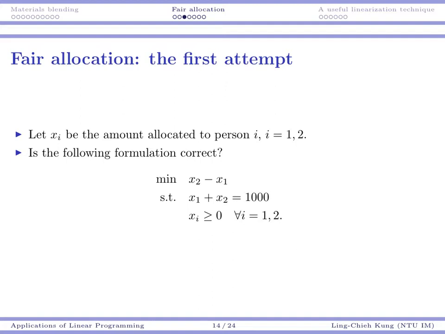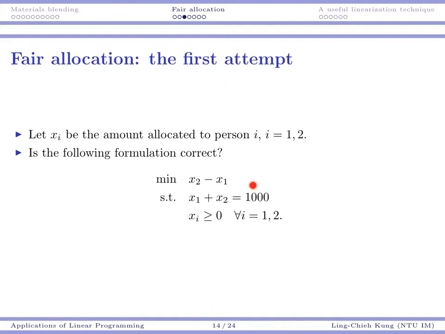Well, unfortunately, this is wrong because if x2 is greater than x1, then this is okay. x2 minus x1 is the difference. But if x1 is greater than x2, this difference is going to give you a negative number. However, in that case, what we really want is, in some sense, the absolute value of that difference, right?